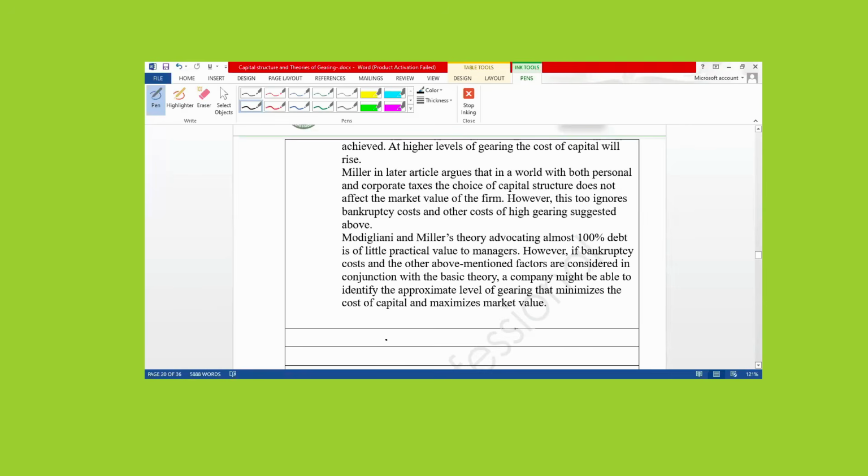Most of what I explain here, you are still going to meet it when you get to your class of cost of capital computation.